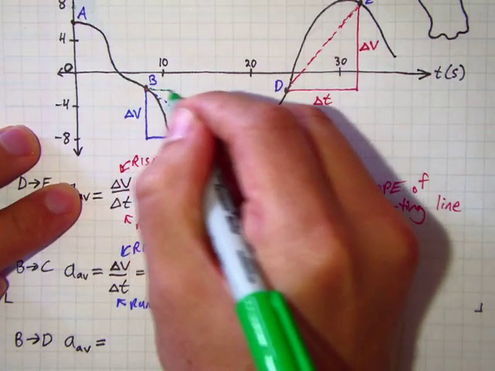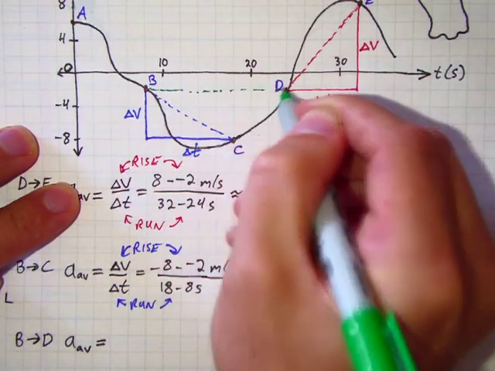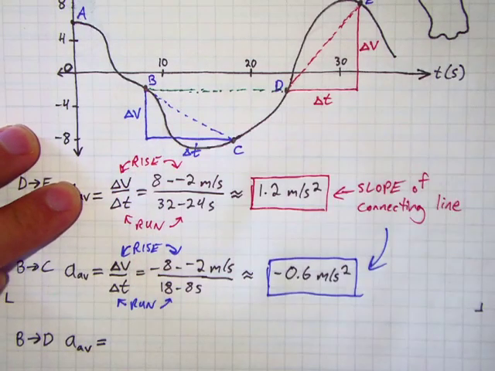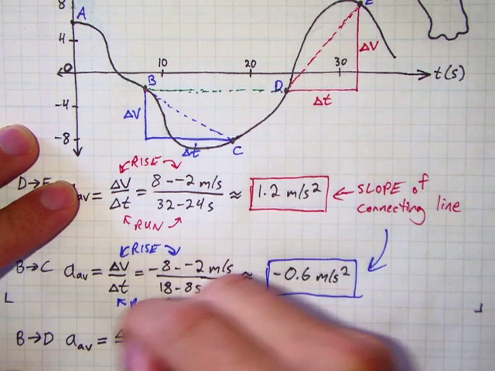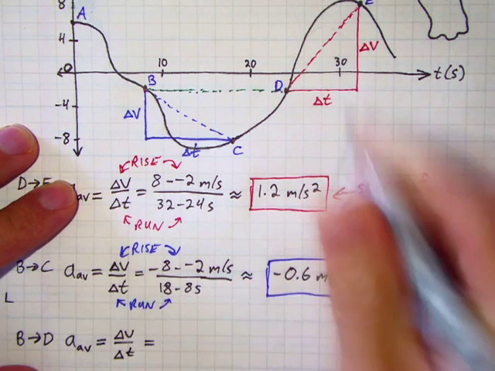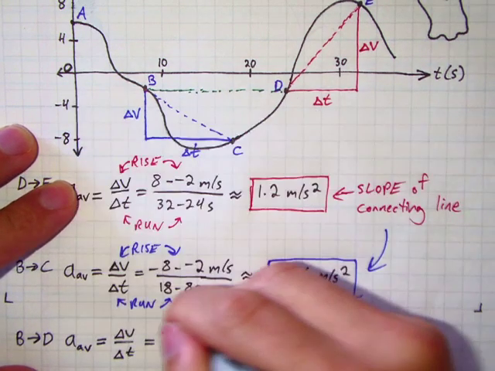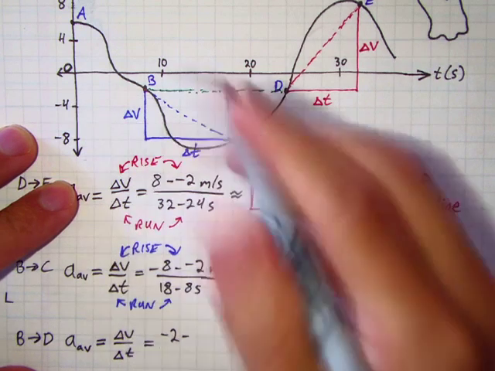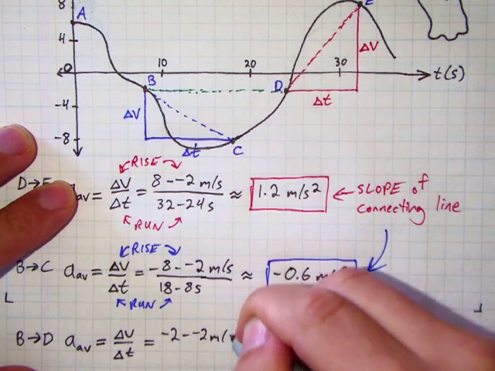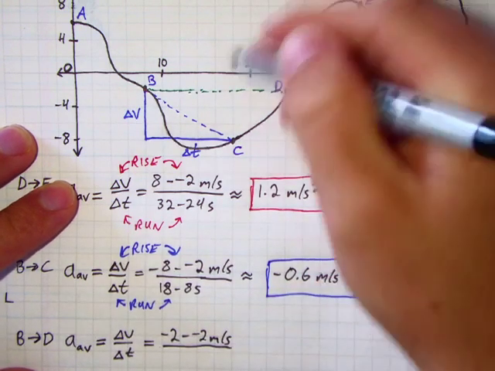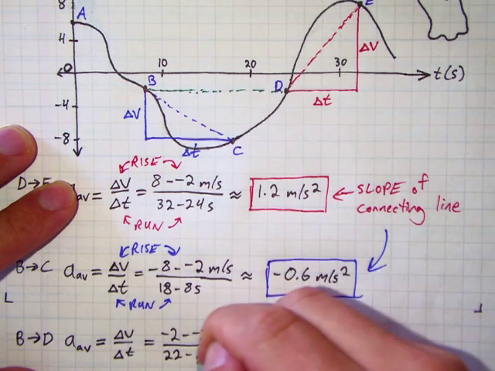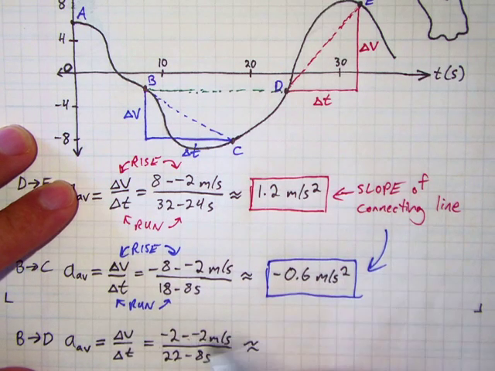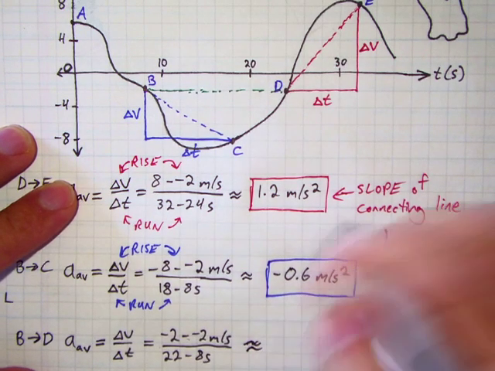Well, if we draw a line connecting events B and D, and we go to our definition for average acceleration, delta V over delta T, our final velocity is -2, our initial velocity is -2, and our change in time, 22 seconds minus 8 seconds. Well, -2 minus -2 is 0.